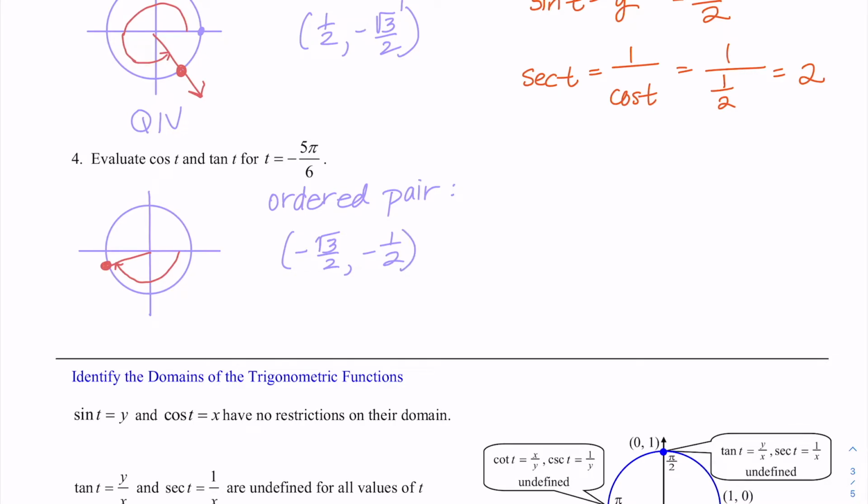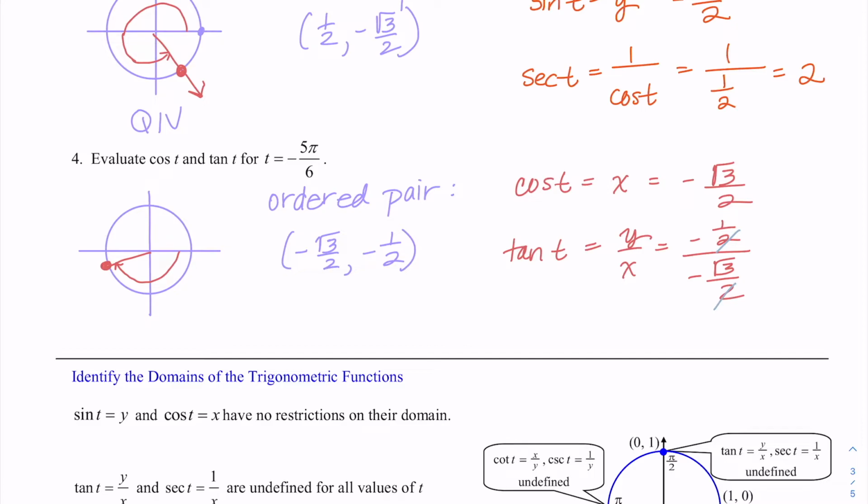Okay, and so let's evaluate the cosine of t, and that's just our x coordinate, the opposite of √3 over 2. And then they've asked us to evaluate the tangent of t, that's y over x, so that's the opposite of 1/2 divided by √3 over 2, and we have 1 over √3.